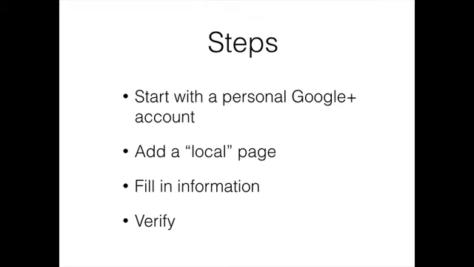So once you've verified, Google has some methods to get in contact with you to verify that the information you put on is indeed correct. They verify that you're not some spammer that's building a fake location. And they will do that either by calling the phone number listed, or by sending a letter with a PIN number to the address.